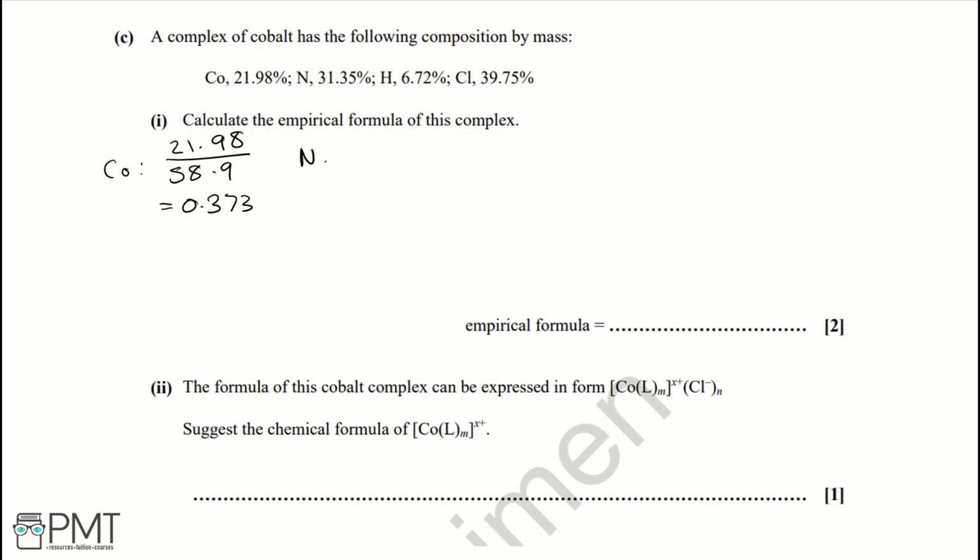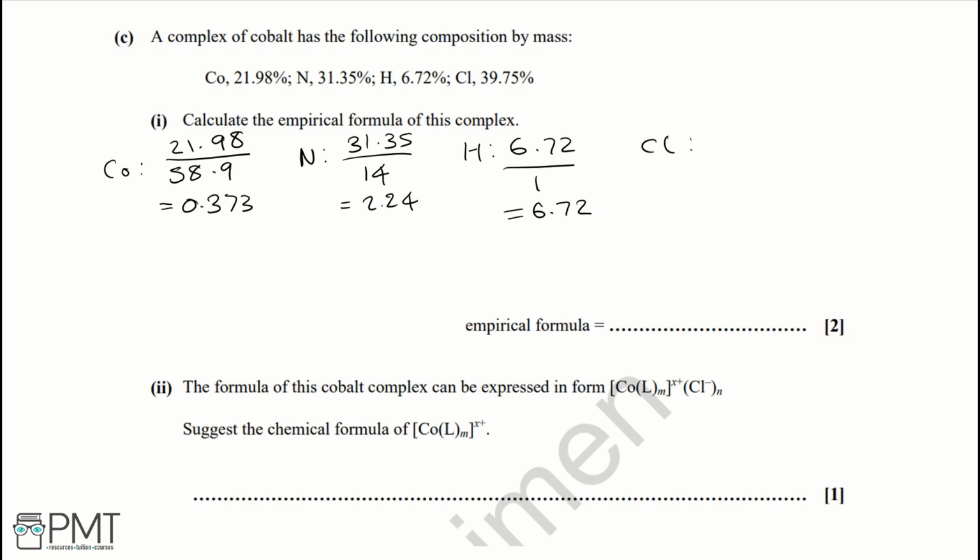Then for nitrogen, we have 31.35 divided by its relative formula mass, 14. That equals 2.24. Then for hydrogen, we have 6.72 divided by its relative formula mass of 1, which equals 6.72.